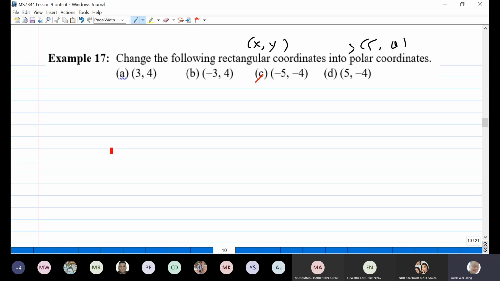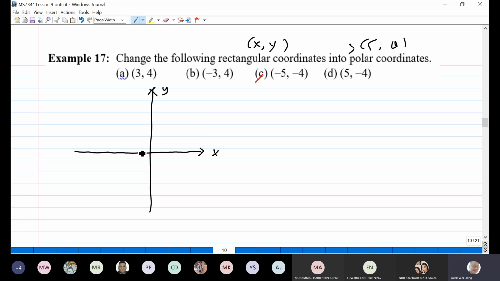So you can draw the xy axis. I'm going to draw the black color one. Okay, x and y. So part C, x equal minus 5 here.